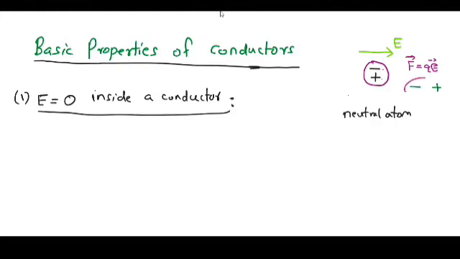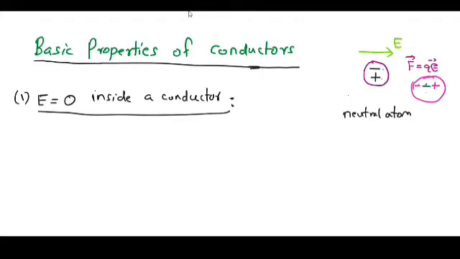This is the picture after the application of the electric field. That means there will be a charge separation. The size of the atom will not change. The positive charge will be here and the negative charge will be here, and there will be an electric field induced because of the charge.